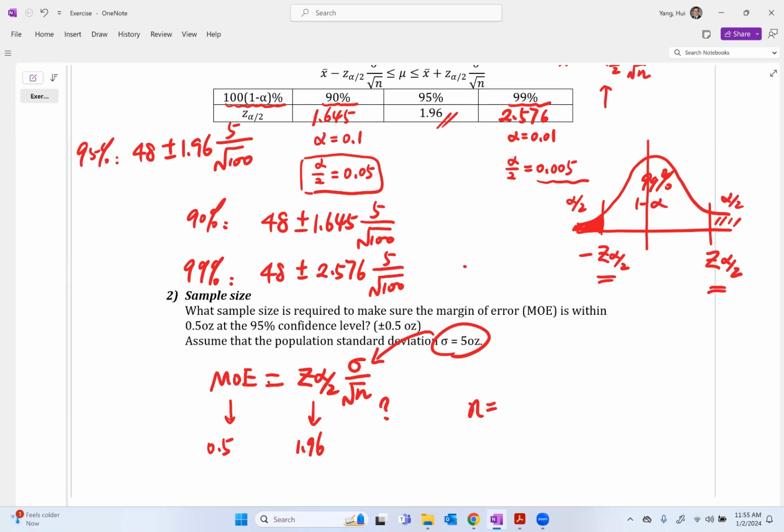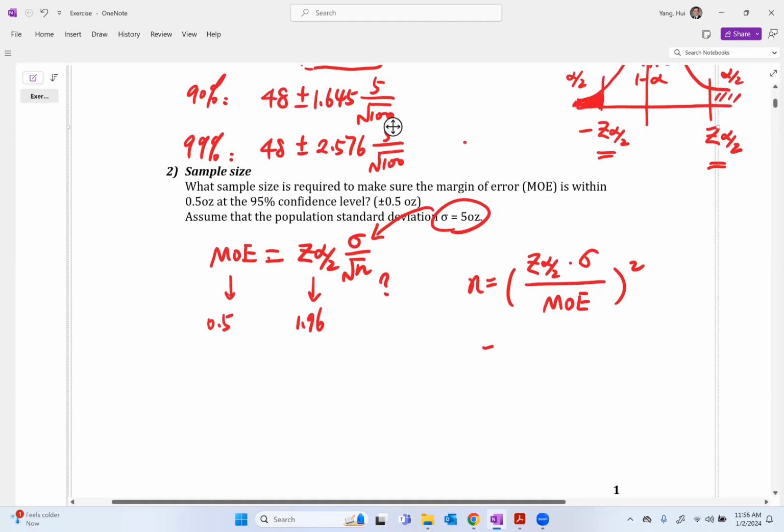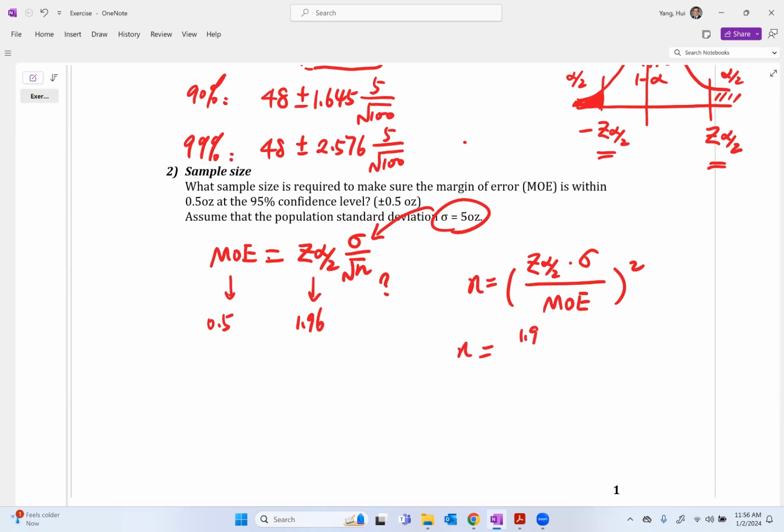n will equal z alpha over 2 times sigma over MOE, squared. So n equals 1.96 times 5 over 0.5, squared. This is the sample size.